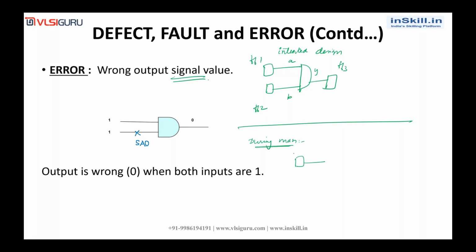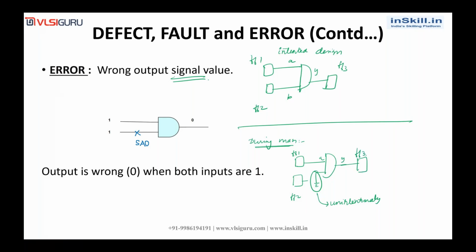So this is flip-flop 1, this is A, this is flip-flop 2. Unintentionally the B net has got connected to ground during manufacturing. And this is the output Y, going to the flip-flop.